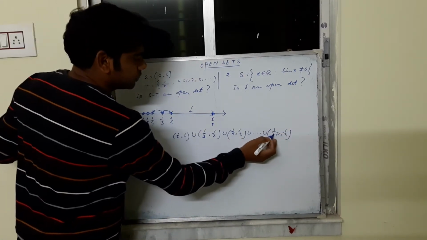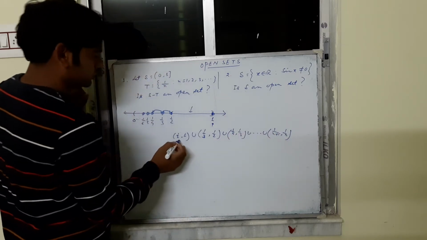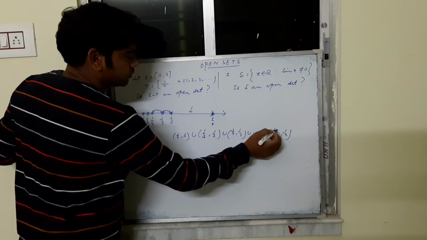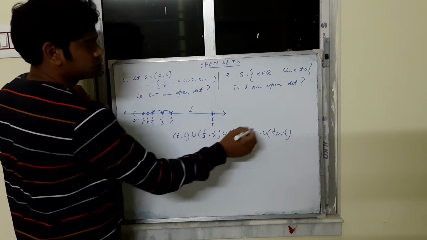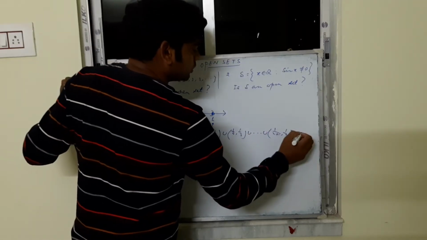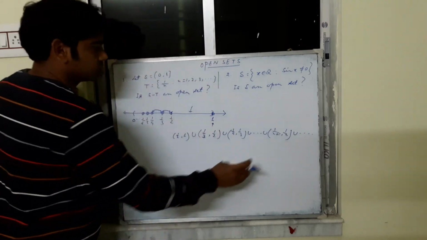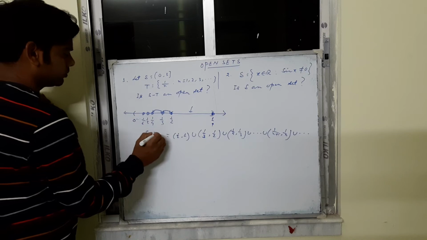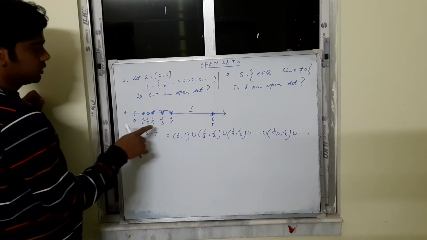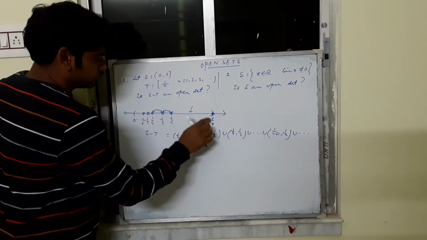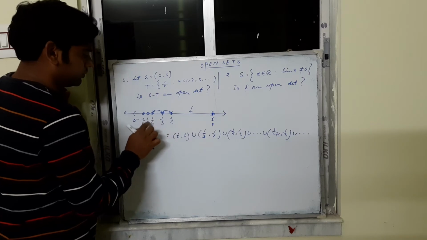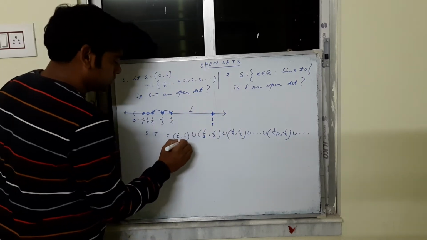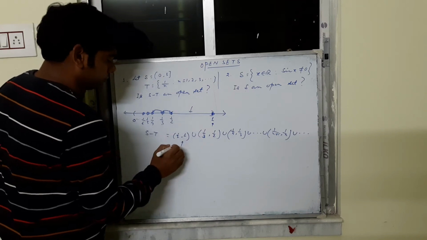If we put n equal to 1, we get half, 1, the first one. If we put n equal to 2, then we get 1 by 3, 1 by half, this one we get. So it is the nth term. So this will give S minus T. We have already deleted the elements 1, half, 1 by 3, 1 by 4, etc. So this one.